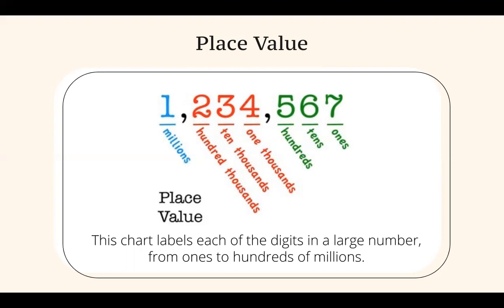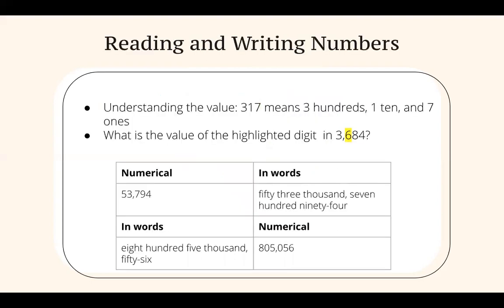And so this might be a little bit confusing, but I think we'll be able to clear that up with some practice. So understanding numbers, understanding what the values mean here. For the number 317, 3 is in the hundreds place, there's 1 in the tens place, and 7 in the ones place.